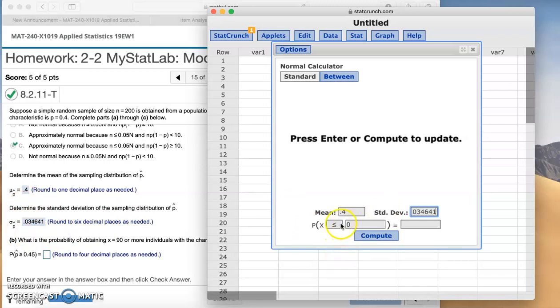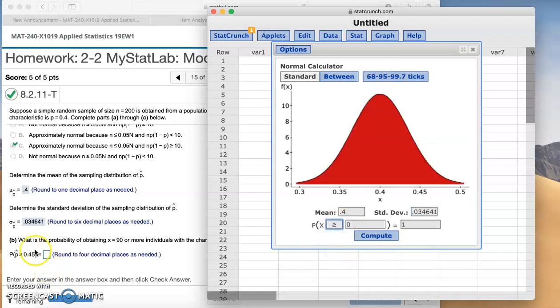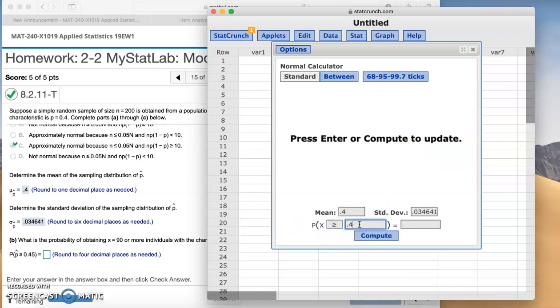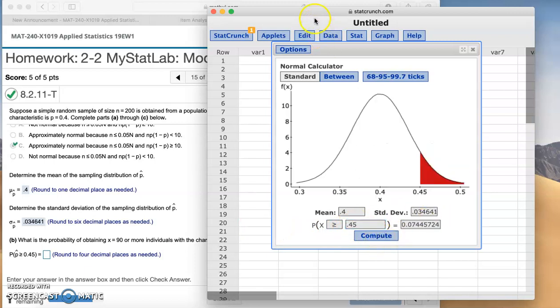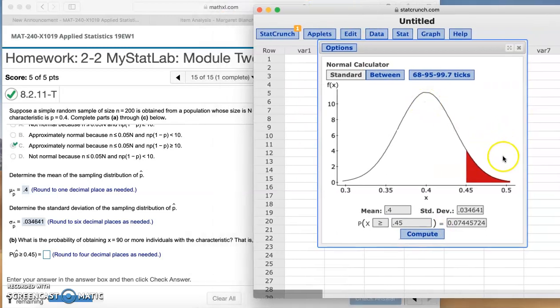And then we're going to put in here greater than or equal to, to match what we're looking at here. And we want to know the probability it's going to be greater than or equal to 0.45. Click compute, and we get that. And it's great here because you get to see visually what we're talking about. We're not just thinking about the numbers, but here you get to see we're looking for the area under the curve to the right of that value. And this is our normal distribution curve here.